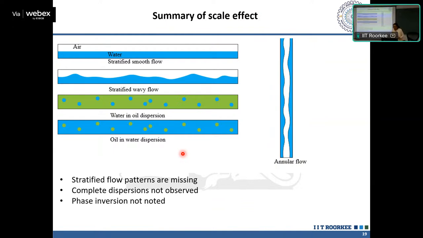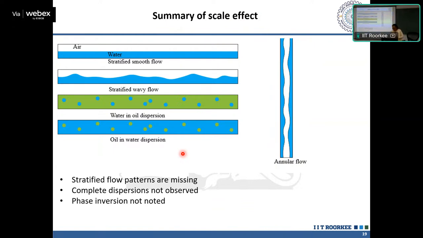When you are seeing this type of dispersion, suddenly with a small change in the operating parameters, it may land up with this other type of dispersion, which is called phase inversion. And in the case of vertical orientation, we are mostly getting annular distribution, while stratification is absolutely not observed in macro channels for vertical orientation.